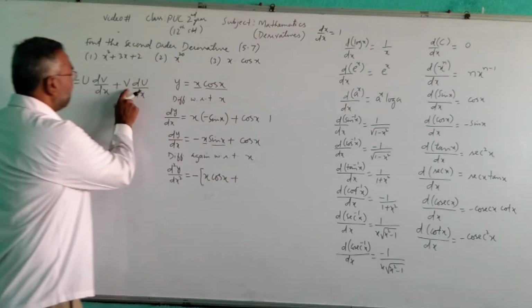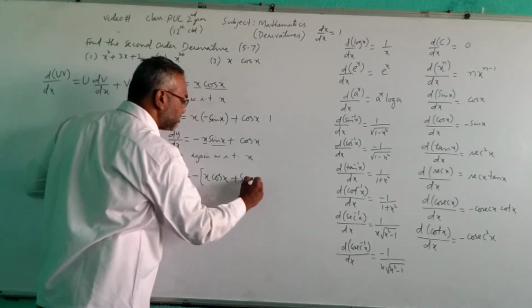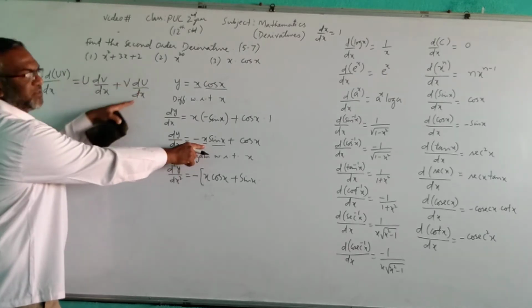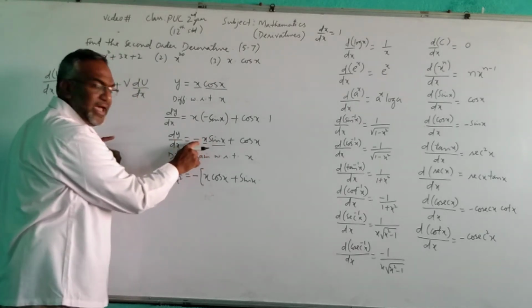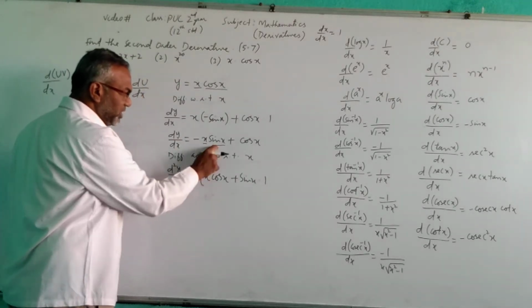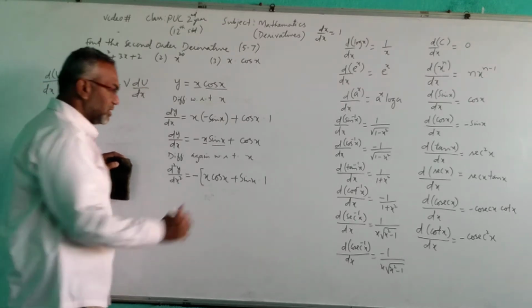Plus second function as it is. Second function is sin x here. Sin x as it is into differentiation of first, differentiation of u. What is first function here? X. What is the differentiation of x? 1. U dv by dx plus v du by dx is over, right?